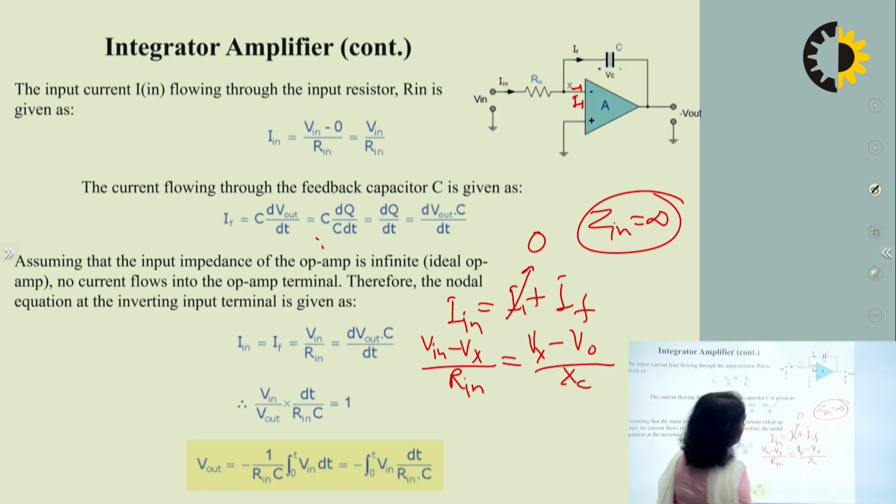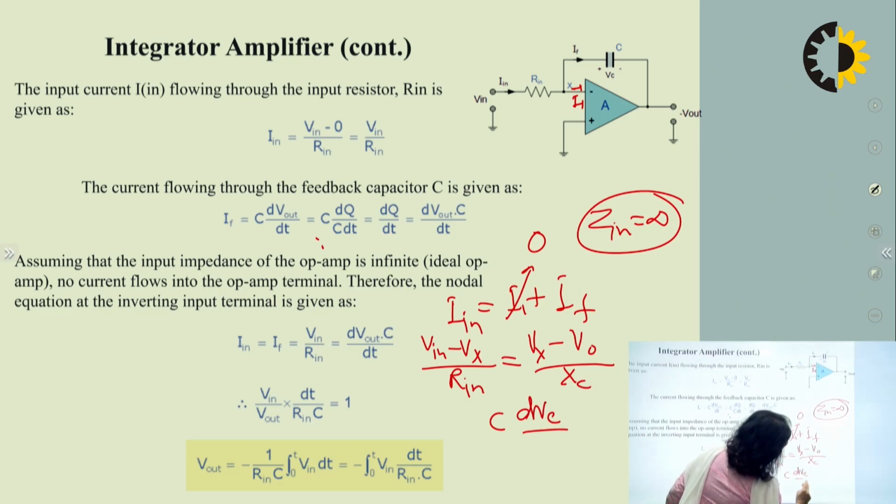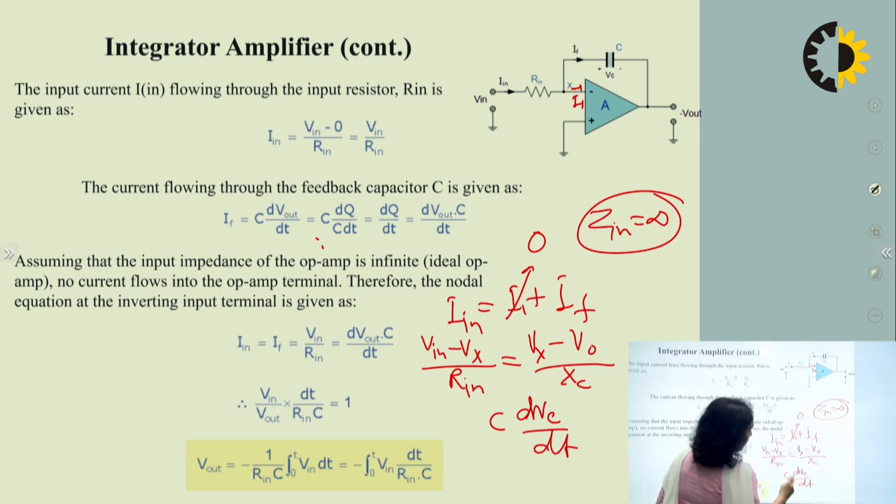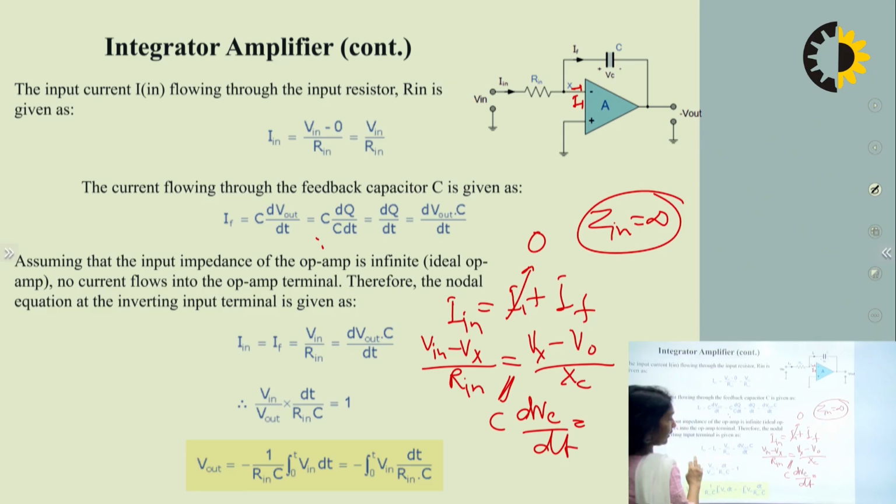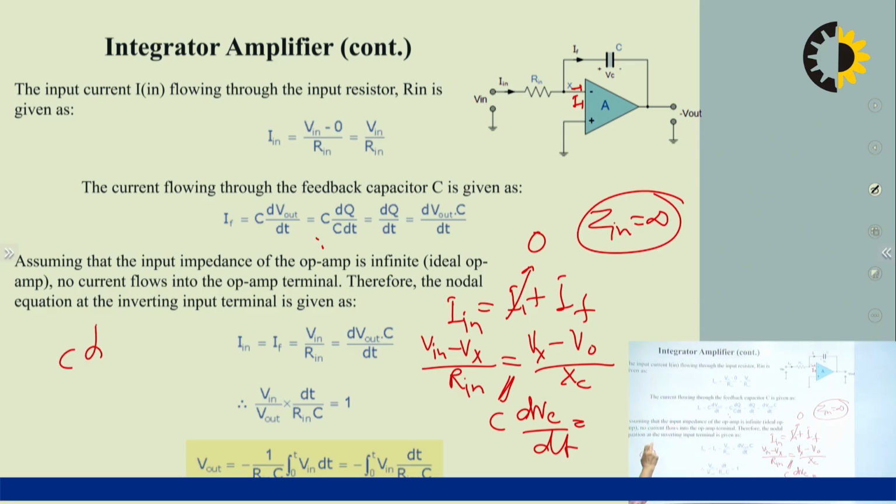Xc. So if you solve this, we know that this is C dVc over dt. So Vc is Vx minus V naught, and we can write it as C d of Vx minus V naught divided by dt.